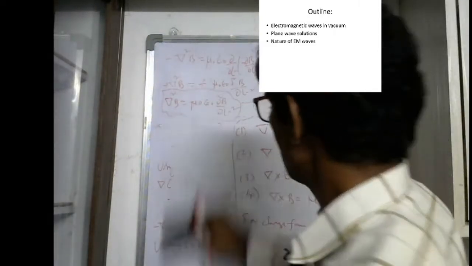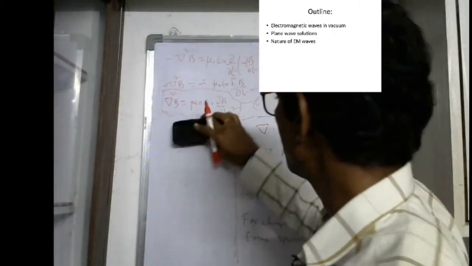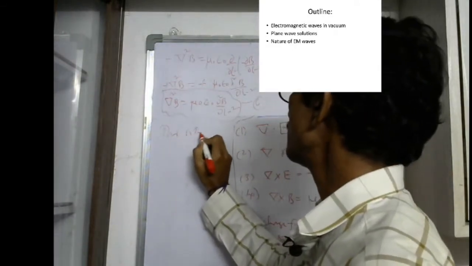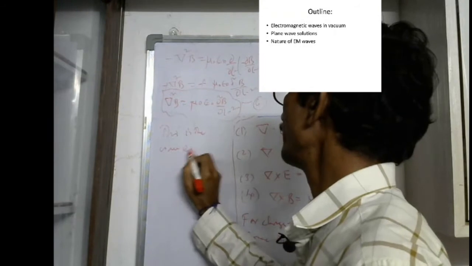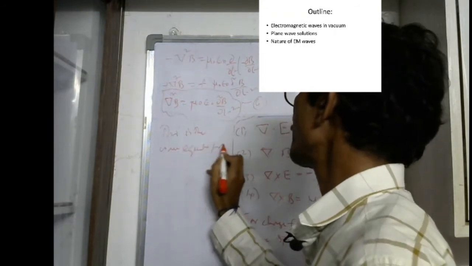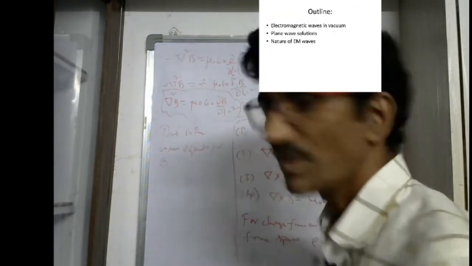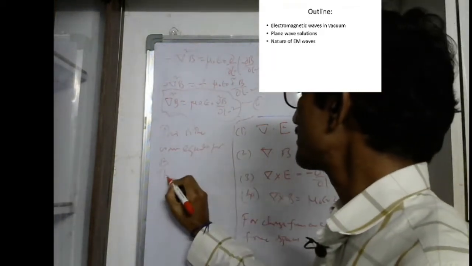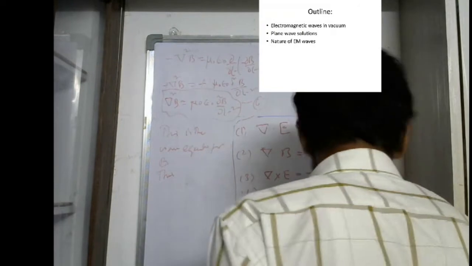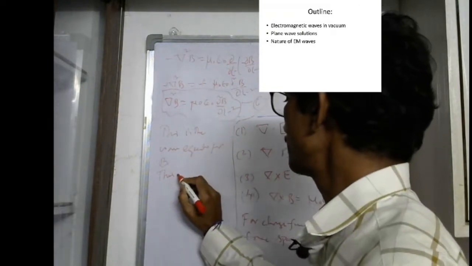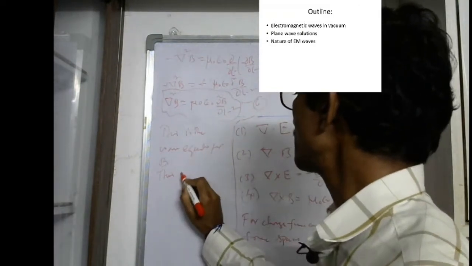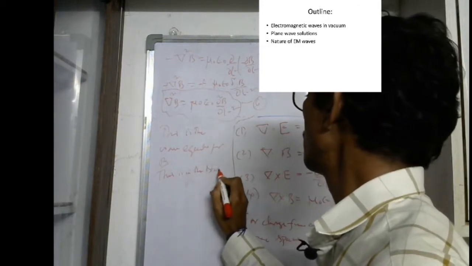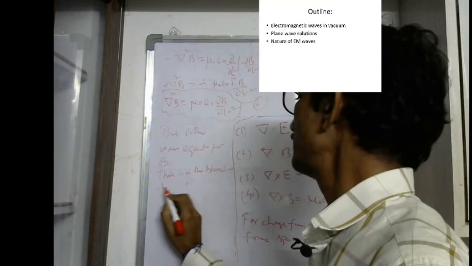This is the wave equation for the magnetic field, in the standard form.